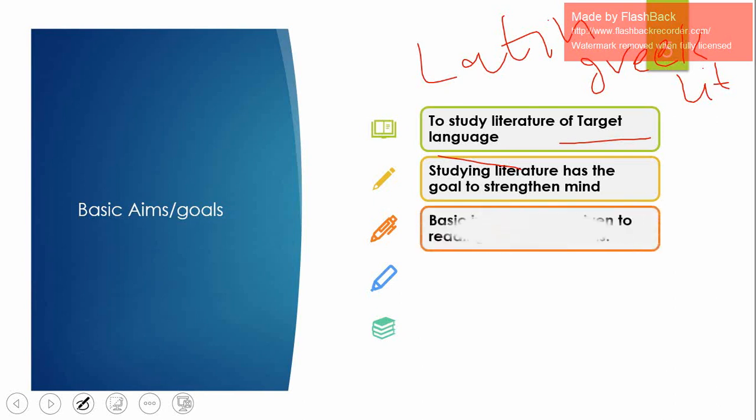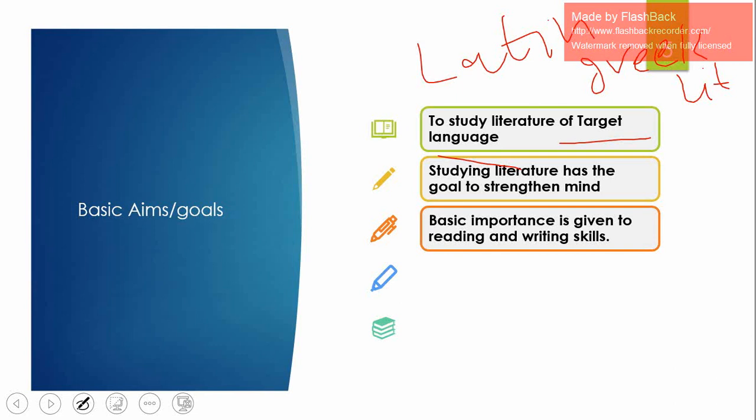Next, basic importance is given to reading and writing skills. Whenever your goal is literature, then you will give more importance to reading and writing skills instead of speaking and listening skills. All of the knowledge of Latin and Greek was not in audio cassettes, not on YouTube, not on Google, not in podcasts.